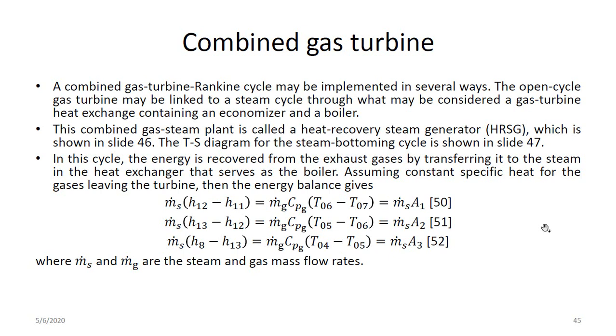So if we assume specific heat for the gases leaving the turbine, then the energy balance gives the following equations, which I'll not go through, they're easy for you to follow. So Ms is the mass flow of the steam, and Mg is the mass flow of the gas.